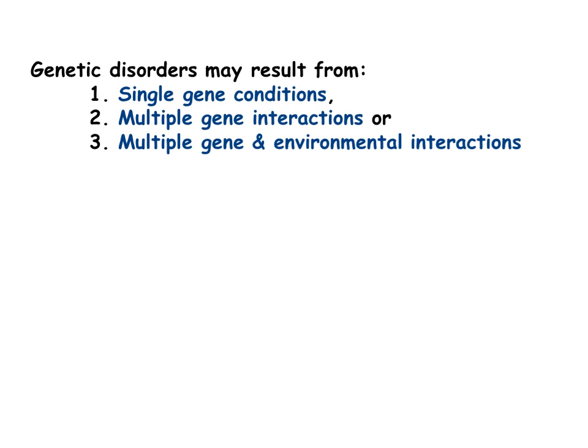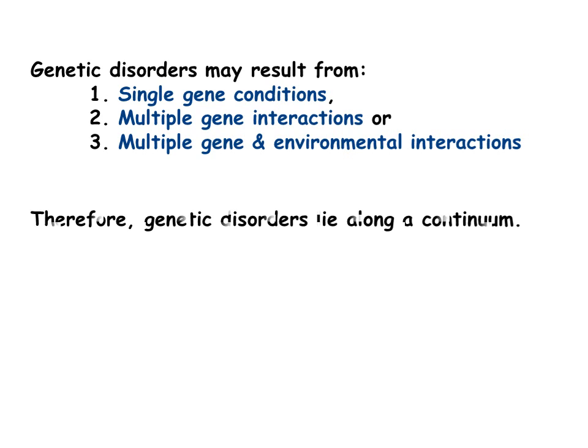Well, genetic disorders may result from single gene conditions, multiple gene interactions, or multiple genes and environmental interactions, which make them very complicated. Therefore, what you need to start thinking about is that genetic disorders lie along a continuum.